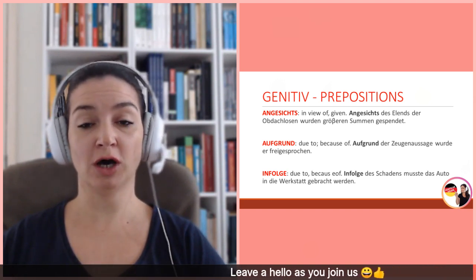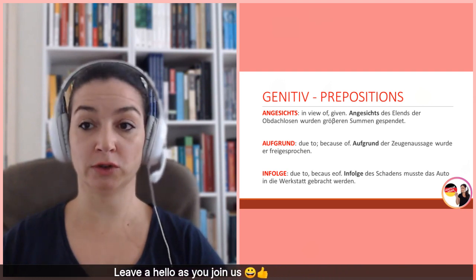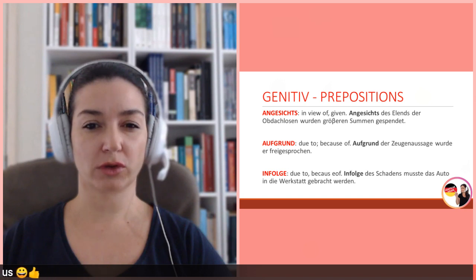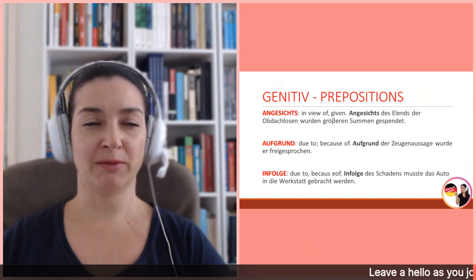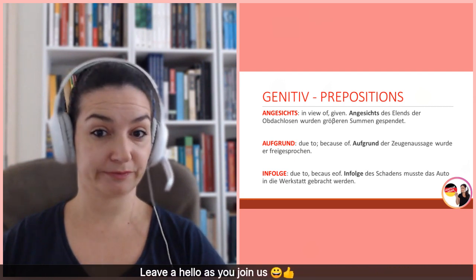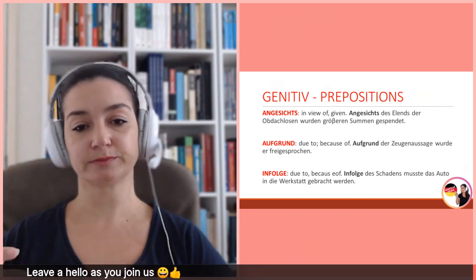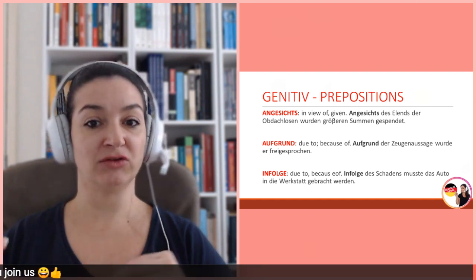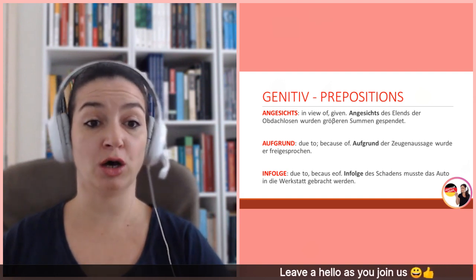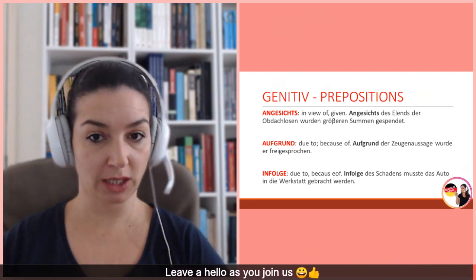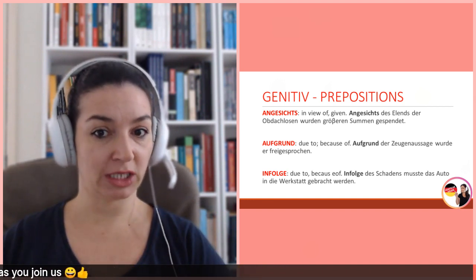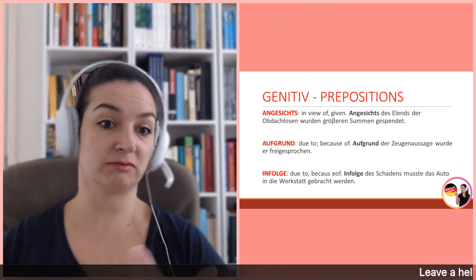In view of the suffering of the homeless, a bigger amount of money was donated. Given the suffering of the homeless. As you can see, s everywhere, unless the noun is feminine or plural.